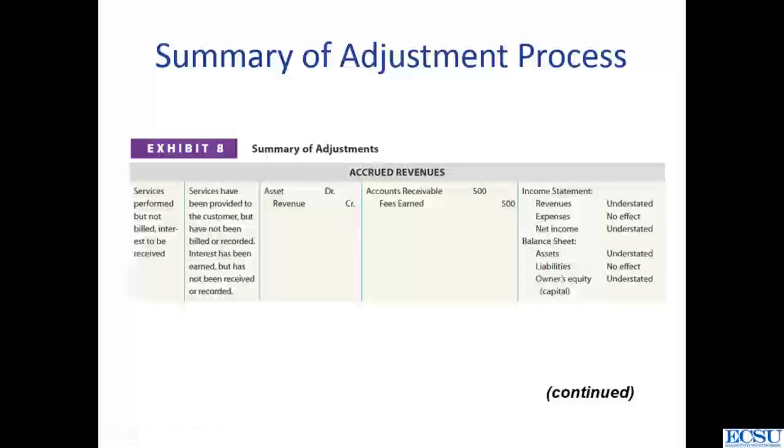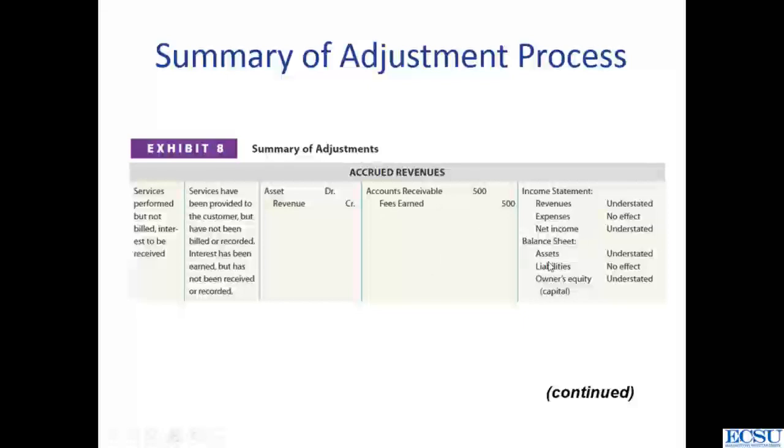Now, accounts receivable is an asset account that is debited. Fees earned is a revenue account that would be credited when you have provided the services, earned the revenue, and not received in cash or not recorded at all. If you omit this accrued revenue, what will happen? The revenue will be understated and no effect on expenses because this journal does not involve any expenses.